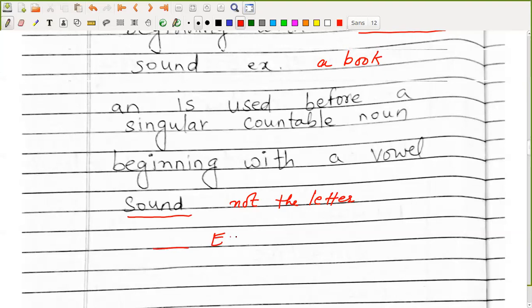University. Umbrella. Then a unique book.